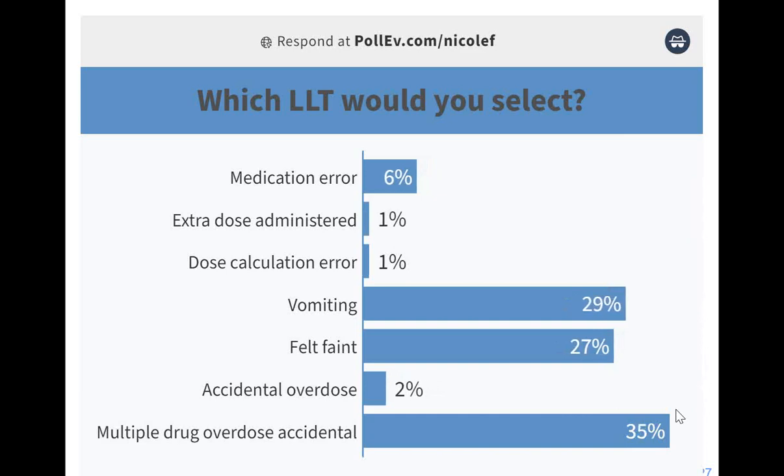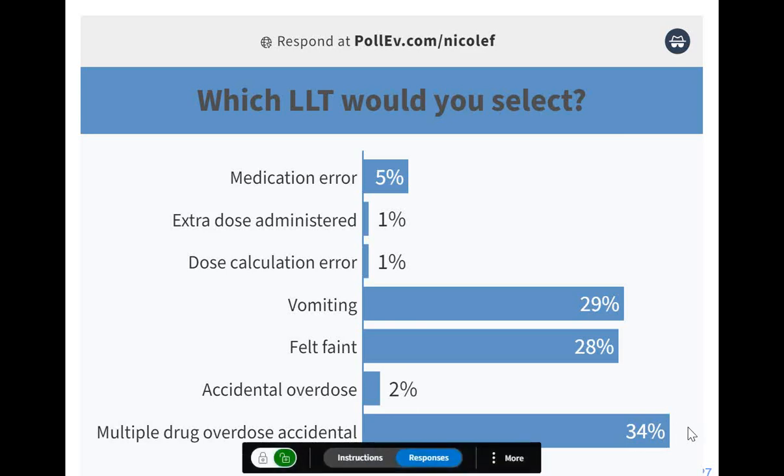I'm happy to see that people are getting the most specific, most granular LLT that addresses the multiple drug overdose accidental. So kudos to you for those of you who picked that. Okay, a second or more, and then we're going to go to the next slide. Okay, so somewhat stabilized.